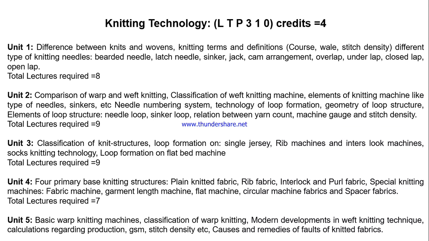Then Unit 5, basic warp knitting machines, classification of warp knitting, modern developments in web knitting techniques, calculations regarding production, GSM, stitch density, causes and remedies of faults of knitted fabrics. So this is the whole content of the syllabus that I shall discuss in this semester one by one.